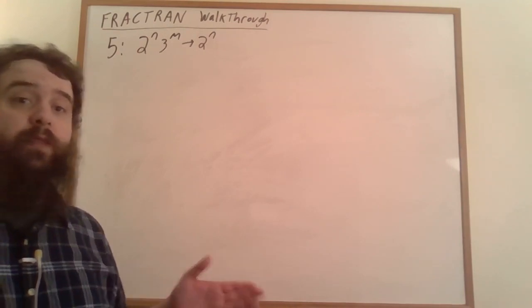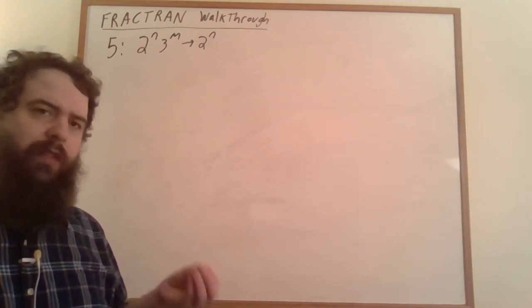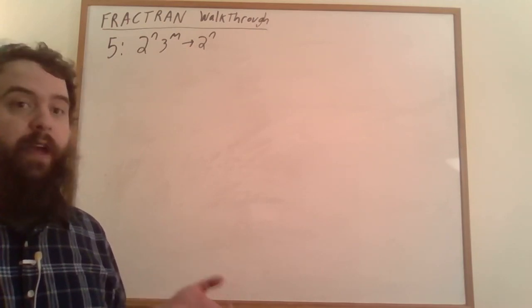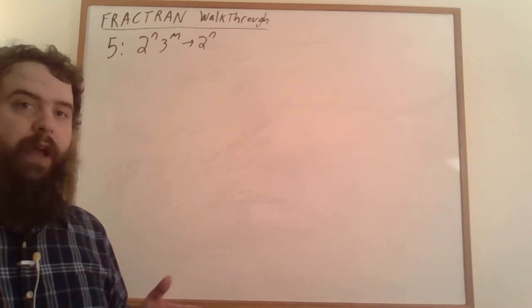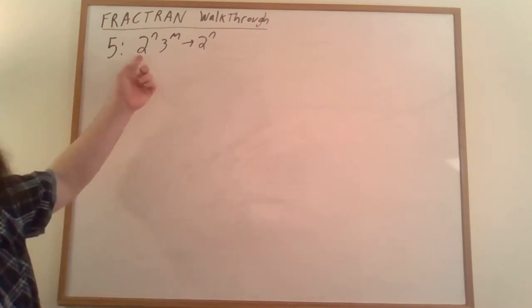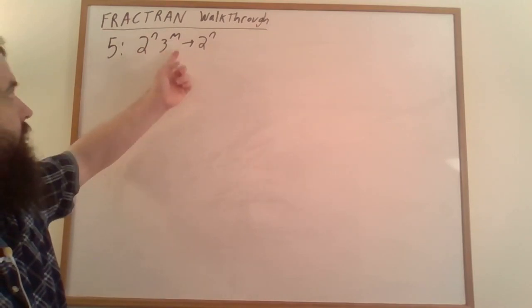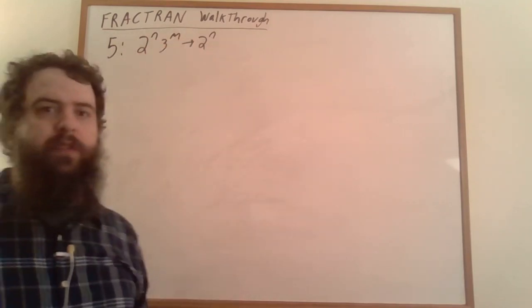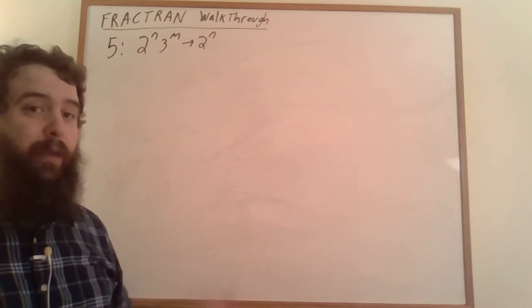So the previous programming puzzles are really just to get you started with FRACTRAN and to start thinking about things in terms of their prime factorizations. When we look at a number in terms of its prime factorization, it's going to be 2 to some natural number, 3 to some natural number, 5 to some natural number, and so on and so forth. We're going to get some finite list of natural numbers.